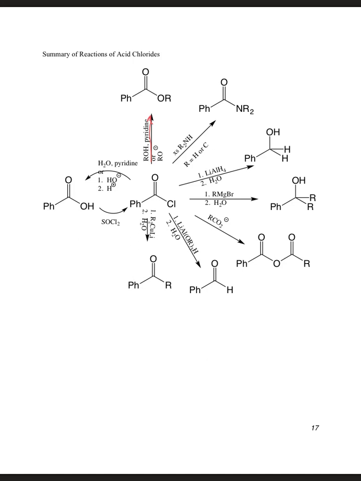We can use an amine, where the amine is either ammonia, a primary amine, or a secondary amine, to make the amide. We can reduce it to an alcohol. We can reduce it to a primary alcohol with LAH. We can reduce it to a tertiary alcohol with a Grignard or an alkyl lithium. We can make the acid anhydride. We can reduce it to an aldehyde.